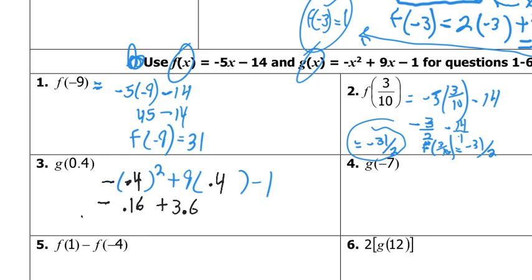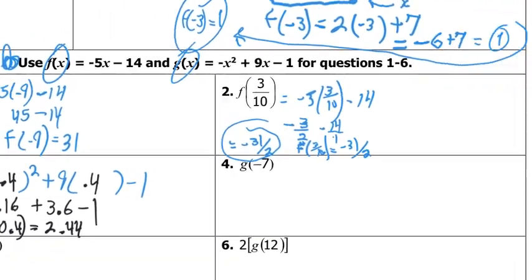Do that on your calculator to check me. -1, okay, which ends up being about 2. I think it's 2.4, no, 2.44. So g of 0.4 is equal to 2.44.